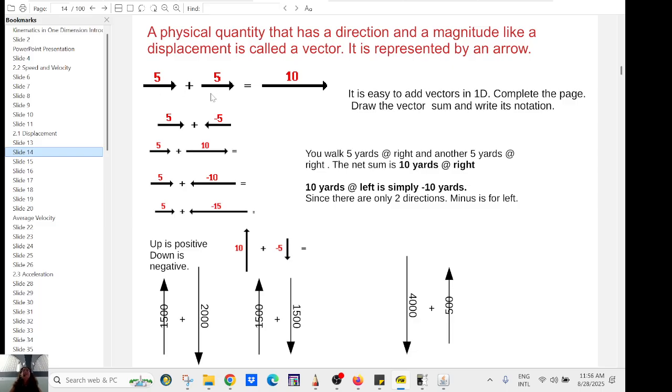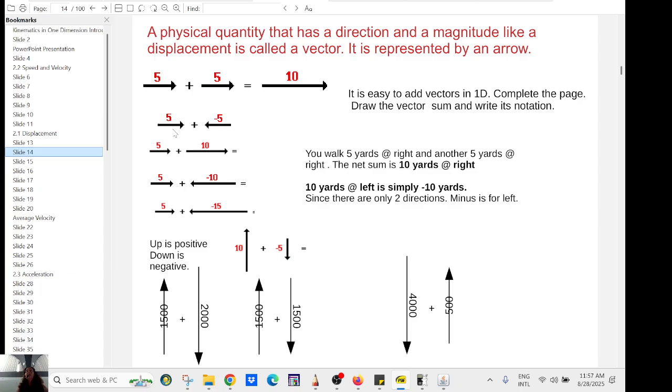So 5 pounds and 5 pounds will be 10 pounds. So you can add vectors in one dimension, you just add the numbers. If someone is pulling me with 5 pounds and someone else is pulling me in the other direction with 5 pounds, 0. Everything happens like I'm not experiencing any force because I don't move, right? So the net force is 0.